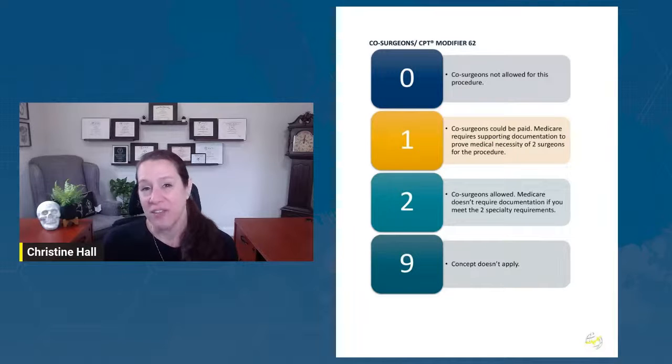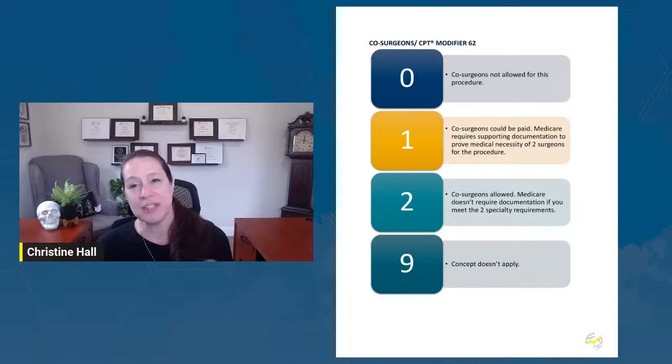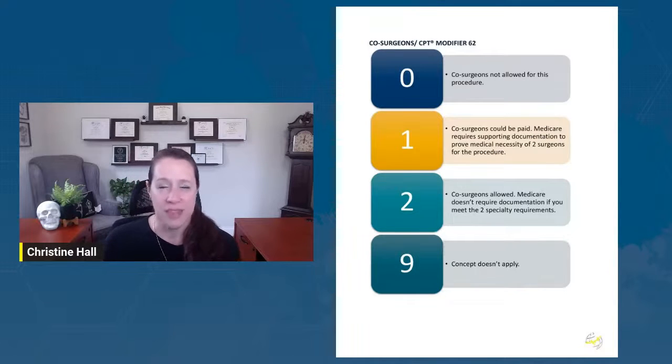When it has a modifier indicator of 1, it means that, yeah, two surgeons probably should be doing this transplant, right? Or something major like that. 2 is that co-surgeons are allowed and it doesn't require documentation if you meet the 2 specialty requirements. So we have that, meaning that we have 2 different specialists that are performing parts of that surgery.